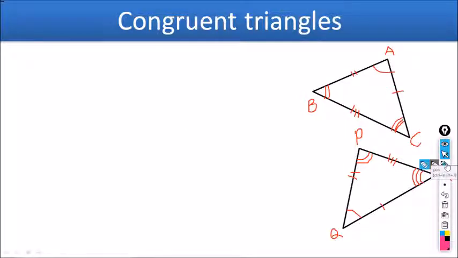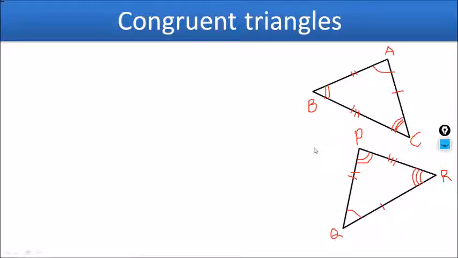Just to make you understand corresponding sides, in triangle ABC, the side AC has its corresponding side QR because they are equal, AC and QR. Secondly, the side AB is equal to PQ and BC is equal to PR. So these are the corresponding sides which are equal.